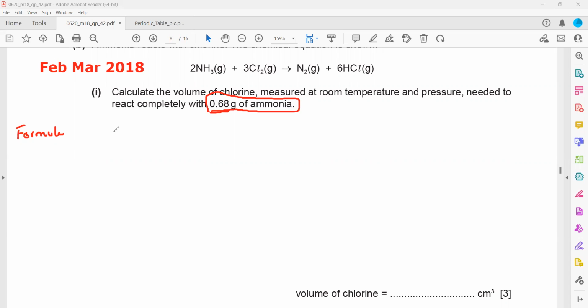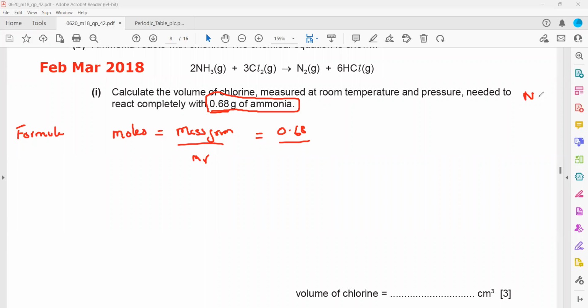How to find moles of ammonia? Moles equals mass in gram divided by the molar mass. Since we are first finding the moles of ammonia, the mass in gram is 0.68, divided by the molar mass. How to work out the molar mass of ammonia?